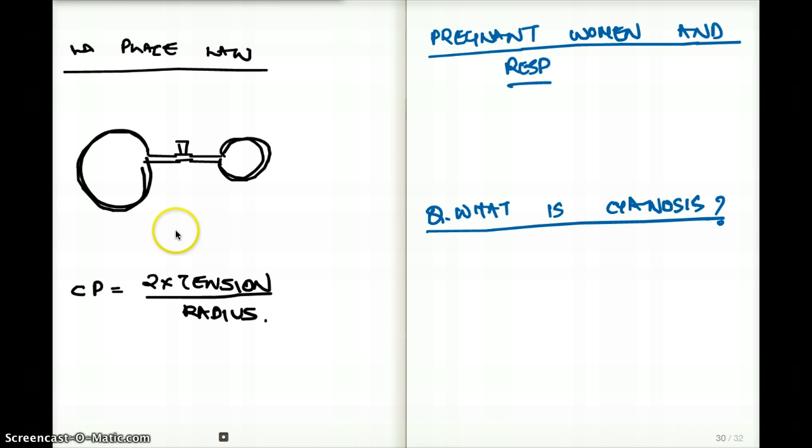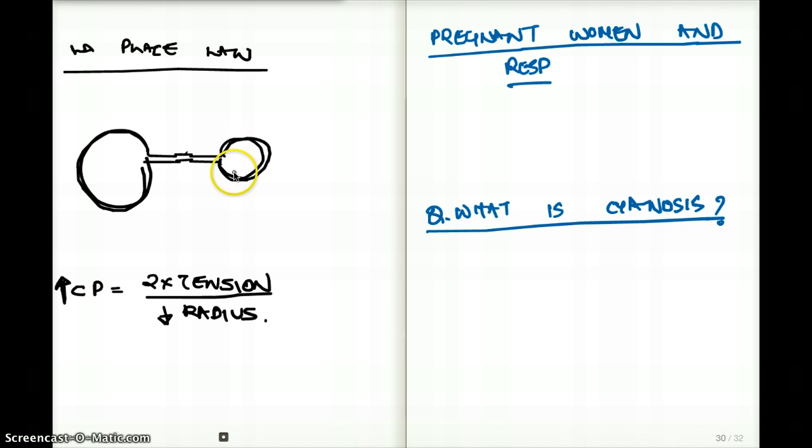So what's going to happen if we open up the clamp? What's going to happen if we let the clamp go? Let's talk about it in terms of the equation. We know the collapsing pressure is 2 times surface tension divided by radius. When the radius drops, the pressure increases, right?